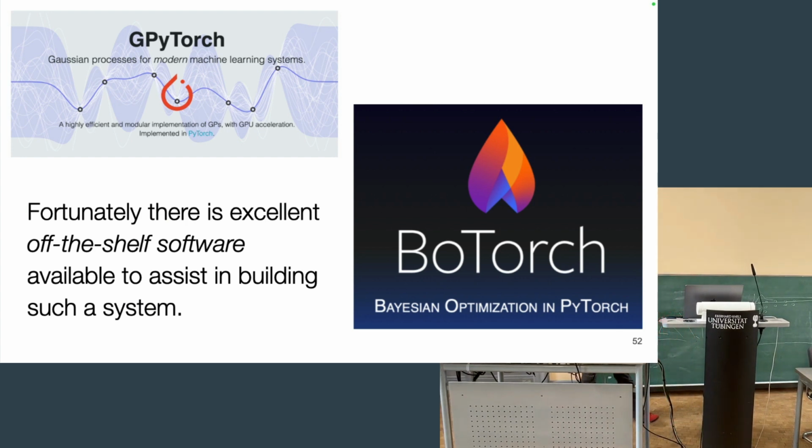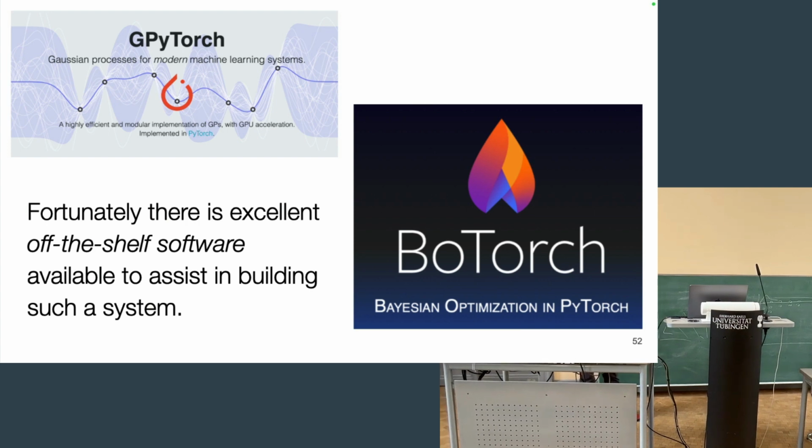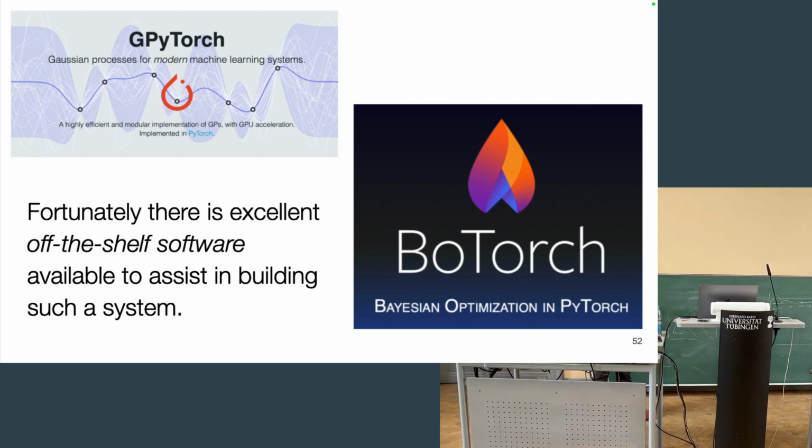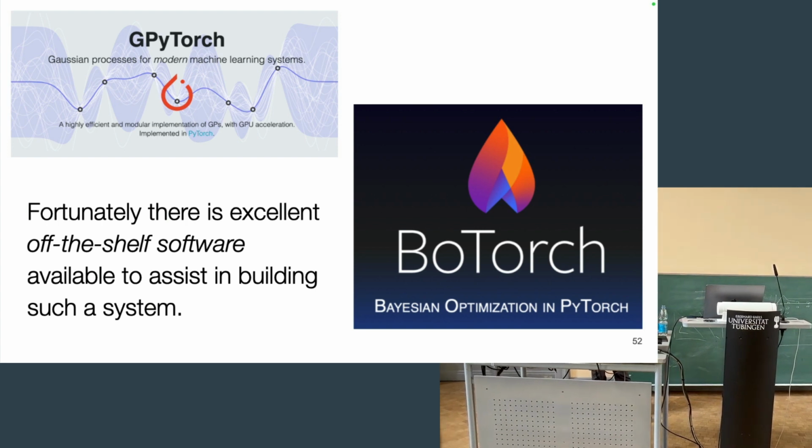And now, fortunately, building this kind of system is relatively simple these days because there's really sophisticated software available. GPyTorch and BoTorch, for example, are both built on the PyTorch infrastructure. So all kinds of automatic differentiation and all this stuff is built in.